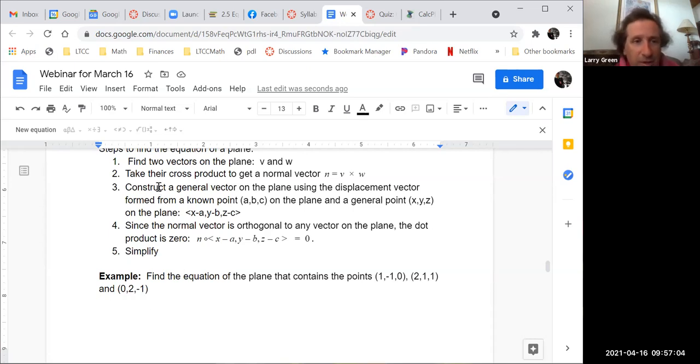So let's go through the steps. How do I find two vectors on the plane? How do I find a vector on this plane if I have 3 points? Hint is it's easy.